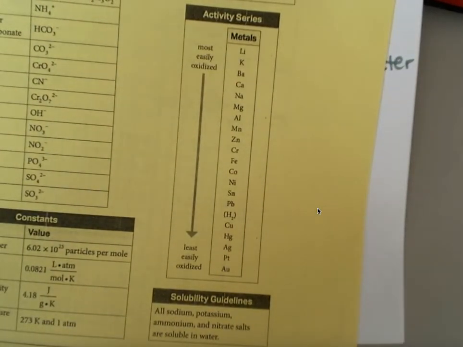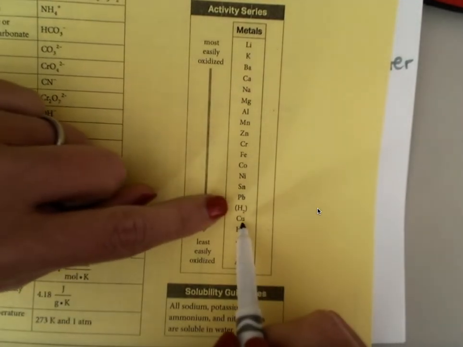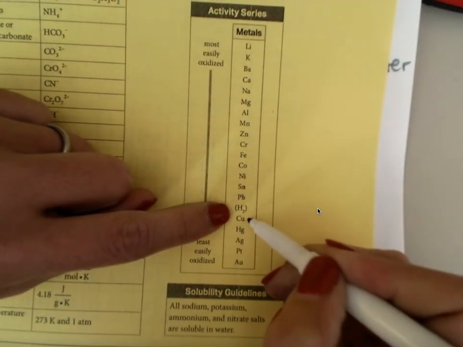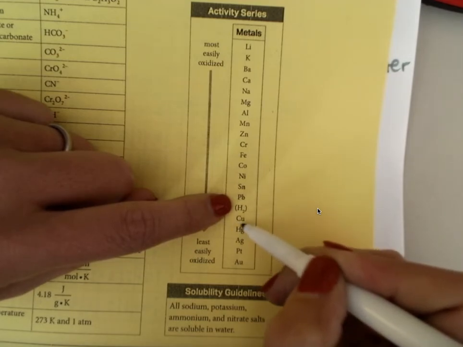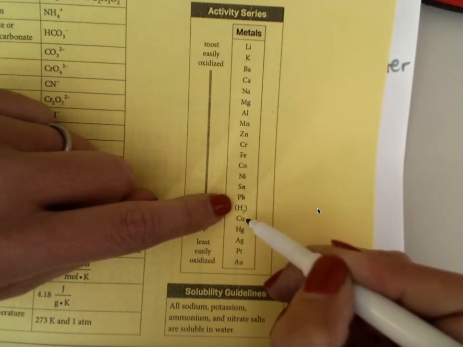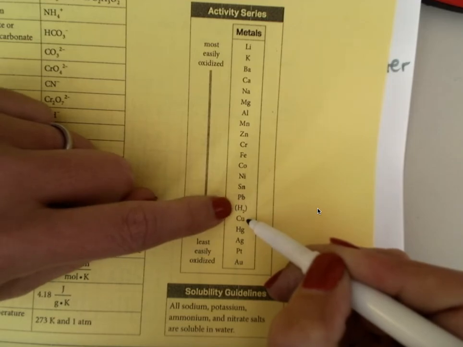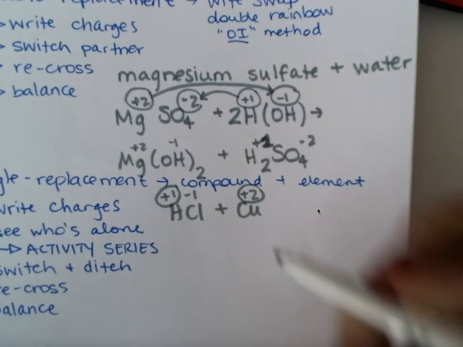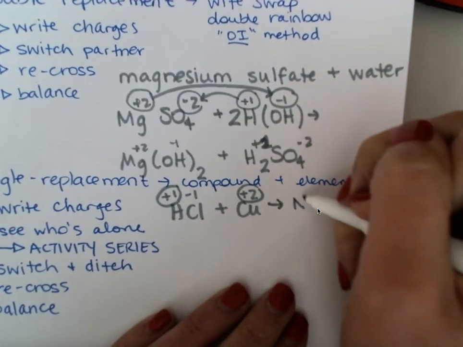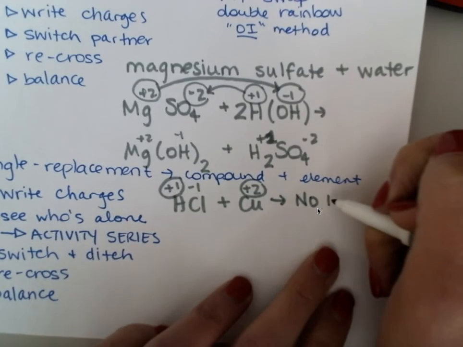When I look on my activity series, I see copper is alone, and he's right here, and hydrogen is above him. So if I see copper's alone and I ask myself, is he higher than hydrogen? No, he is not. And so this will result in a no reaction.